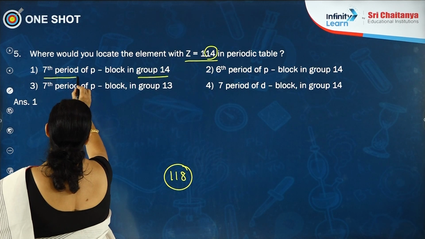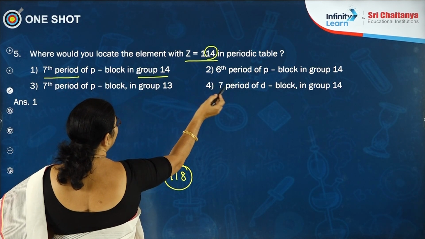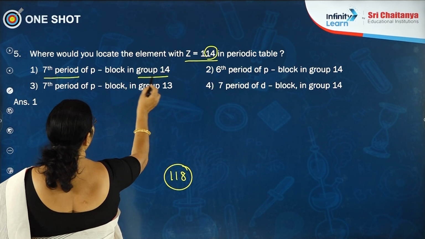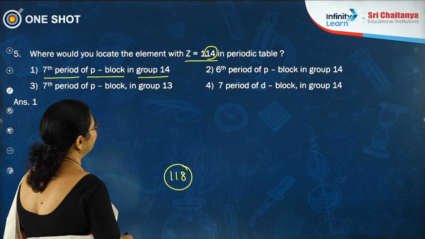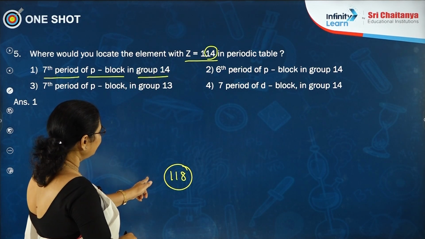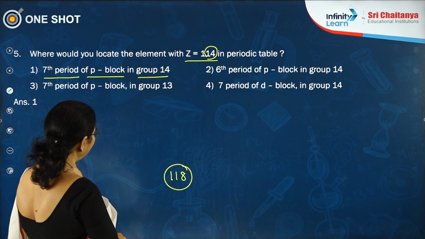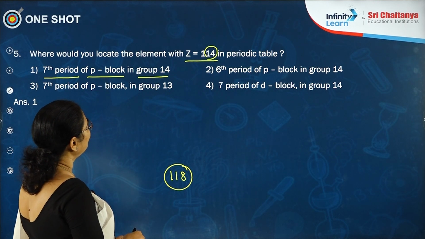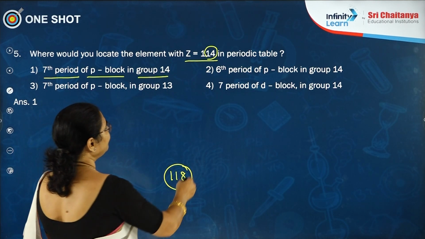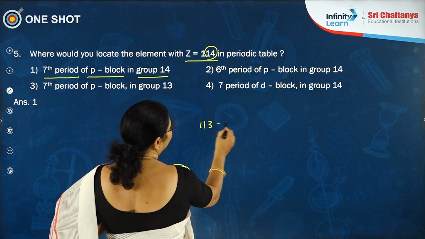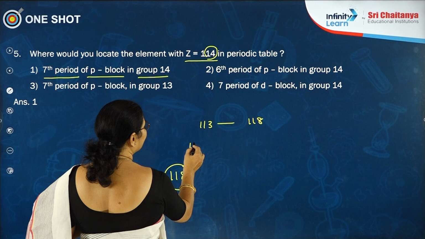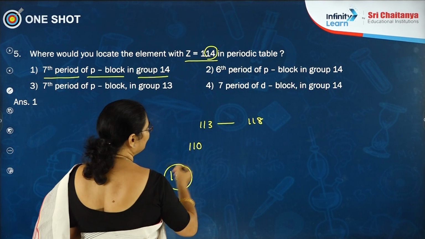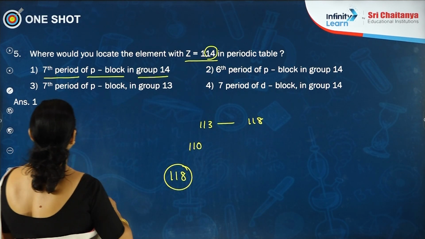It is the 7th period, and although 118 is a noble gas, it is a p block element. So, 118, 117, 116, 115, 114. 114 means group 14, p block, because the p block starts from 113 and ends with 118, and all from 110 to 118 belong to the 7th period only.